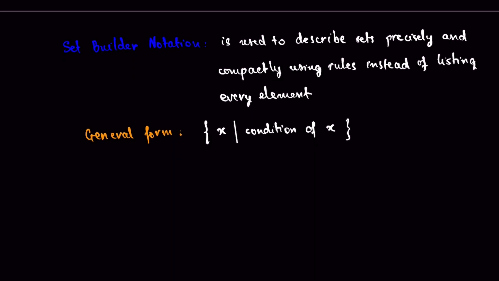Let me explain this a little bit. The vertical line you see inside the set is read as "such that". x in this case is a variable or a representative element.